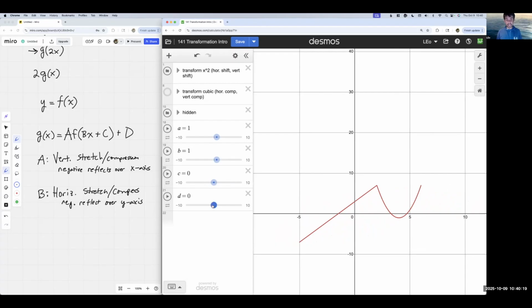And then finally, we have, let's write that down, a horizontal shift. And then finally, we have D, that's adding when we're all done, and that's a vertical shift. Right?